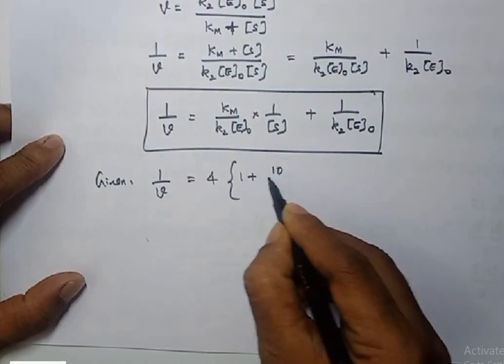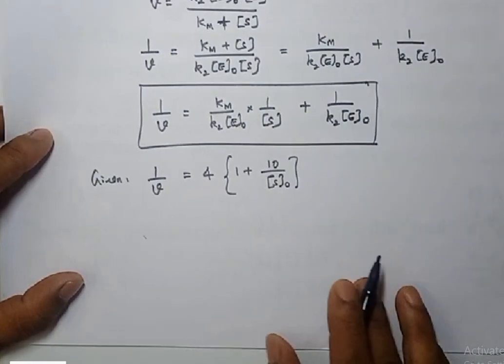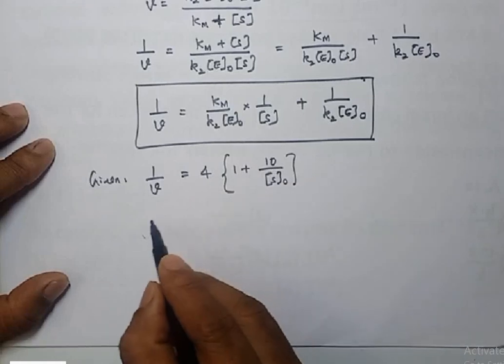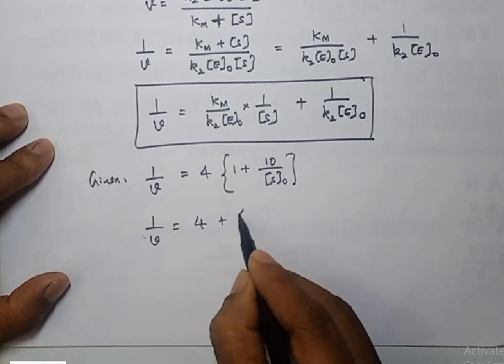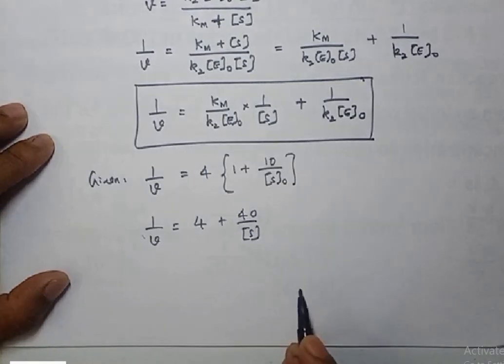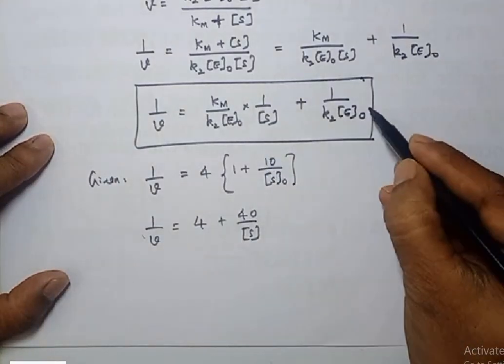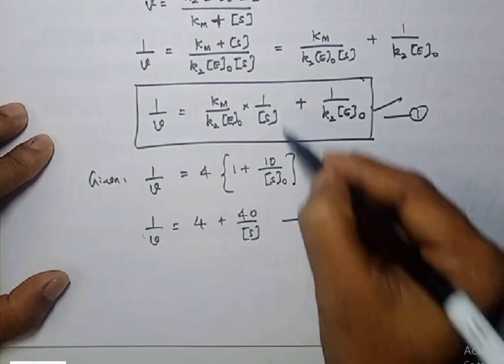Listen, you just multiply this by 4. So we get 1 by V equal to 4 plus 40 by S naught, or simply S. Listen, now you compare this equation. So take this as equation 1. This is equation 2. Now compare these two.